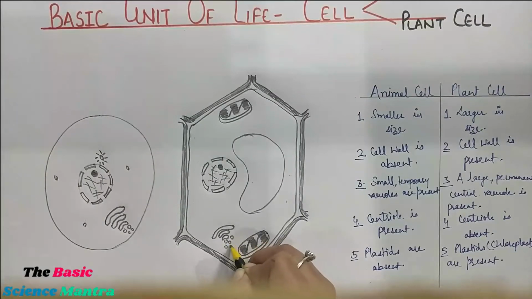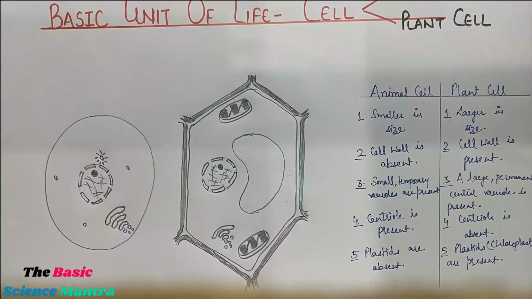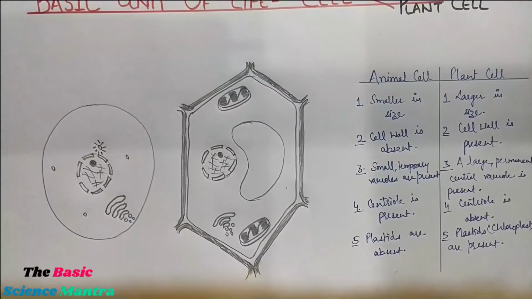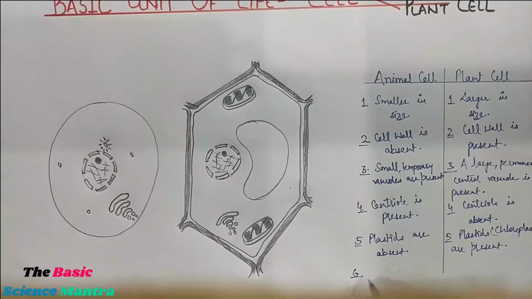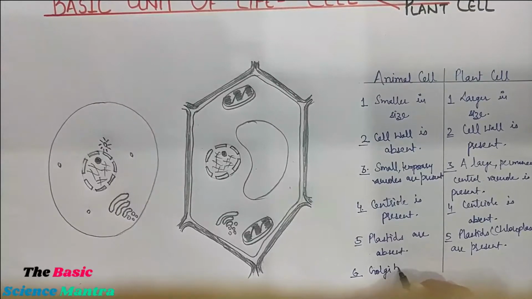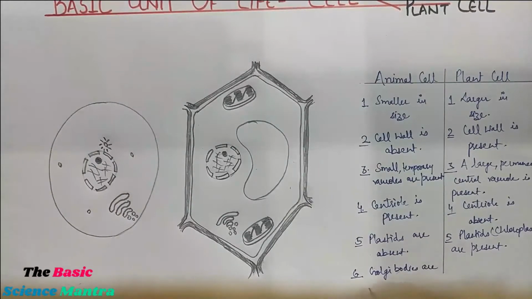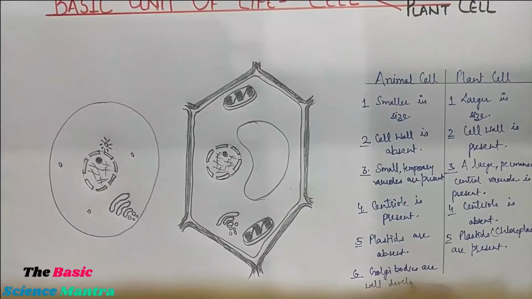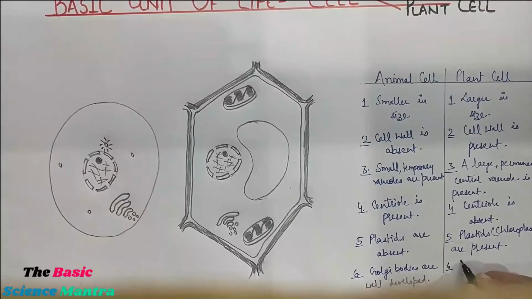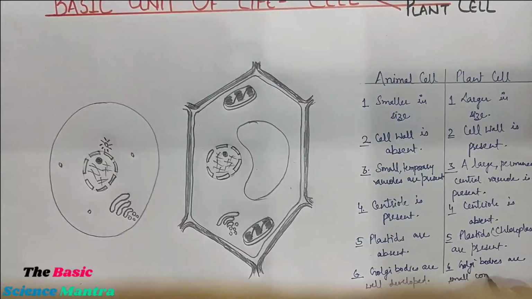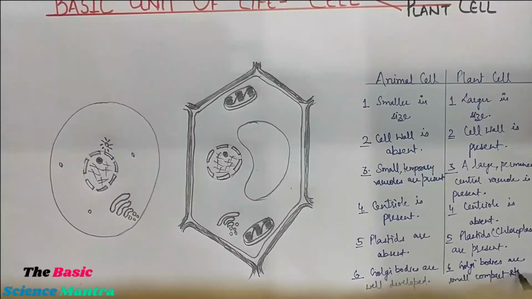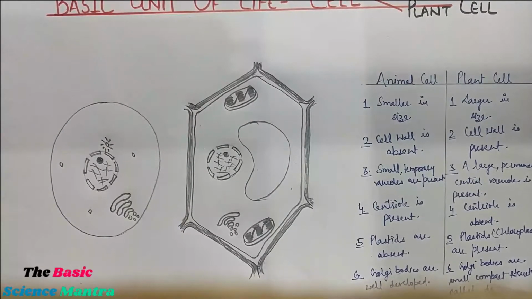This is the last difference we have studied. Golgi bodies are well developed. Golgi bodies are small, compact structures called dictyosomes.